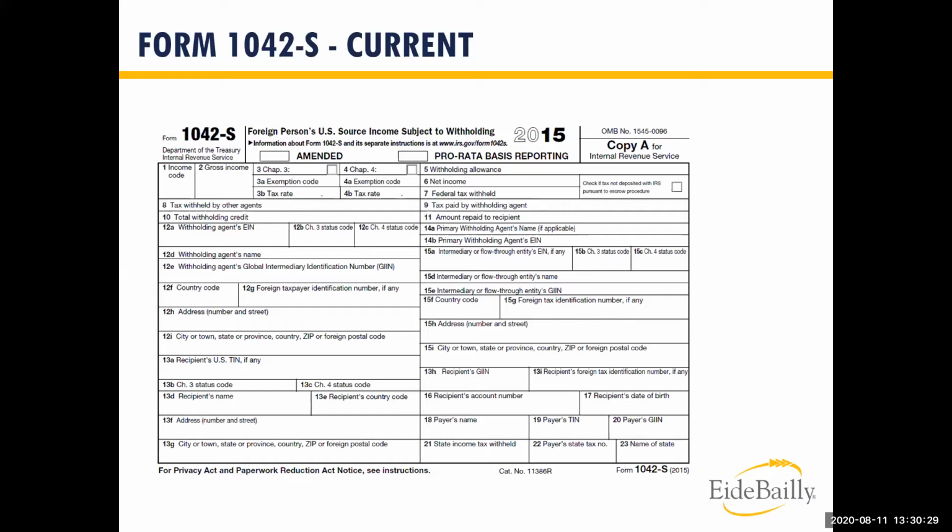One thing I do want to point out is that oftentimes there is a bit of trouble related to the tax ID number. It's really important, if you're going to be making payments to non-residents, that they have some type of tax ID number, whether it be an EIN or a TIN for an individual.